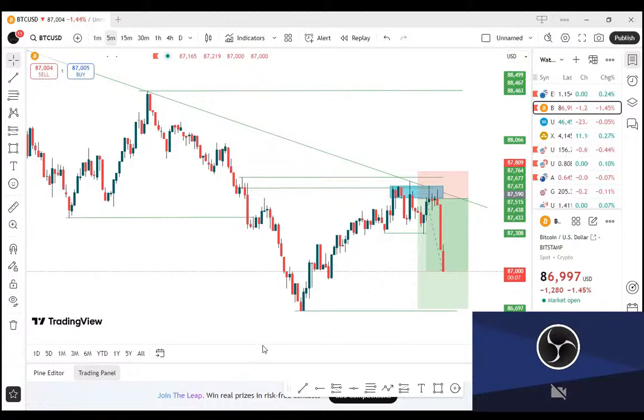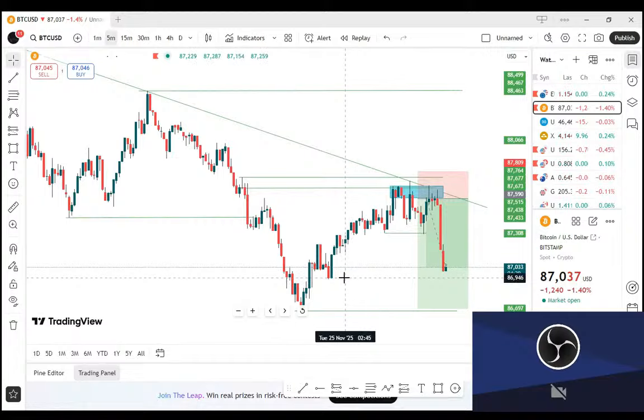Almost down to TP. So if you notice, BTC is trying to make a rejection here.